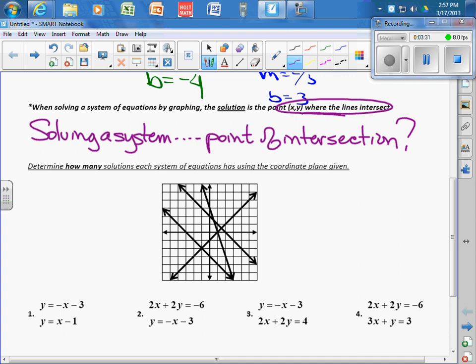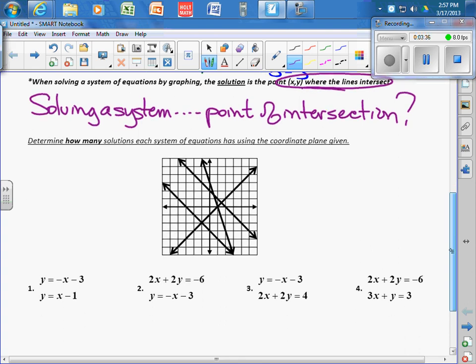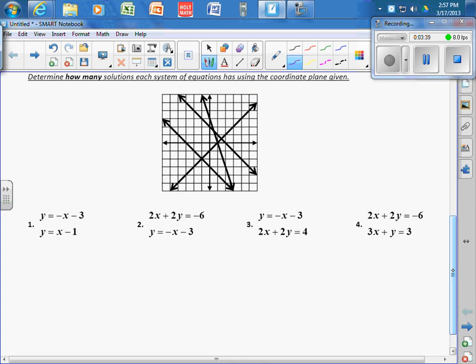Now we're going to determine how many solutions each system of equations has using the coordinate plane given. In other words, I need to find this line on this graph, then I need to find this line on the same graph, and all I'm doing is determining how many solutions there are.